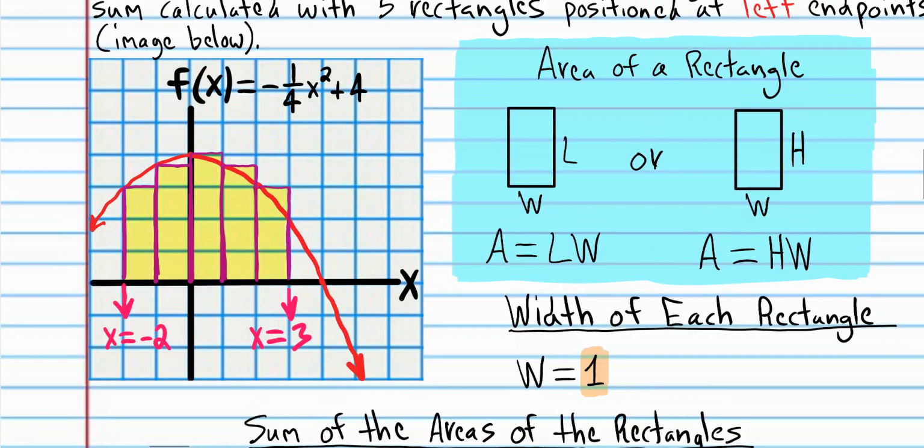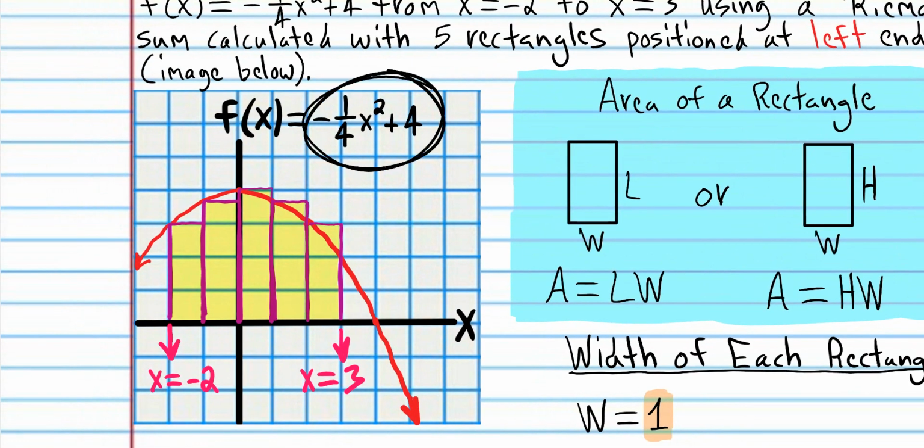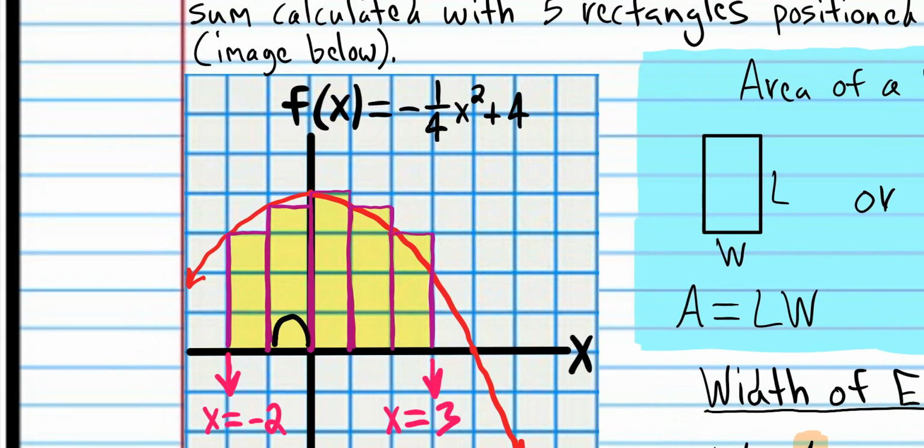Well, we go up to our function here and we plug in negative 2. Again, we count out 1, 2 in the negative direction, so the x value for this corresponding point here is negative 2. Then we plug in that x value to our function, and the output is this height.